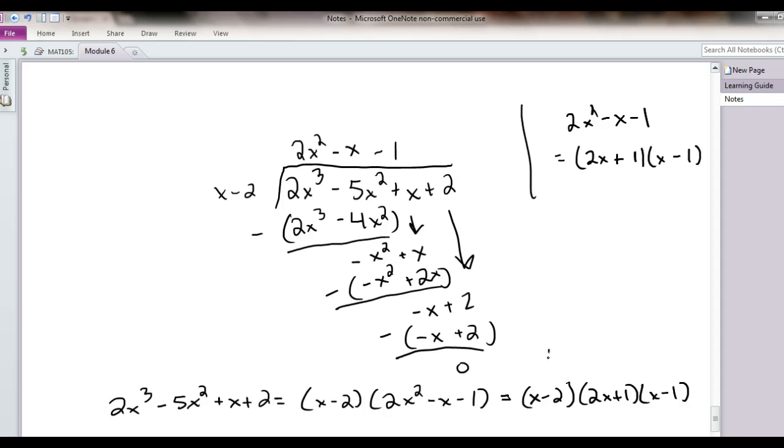What are the zeros of each one? That has the 0, 2. This one has the 0, negative 1/2. This one has the 0, positive 1. Notice if you plug in 2 for x, you get 0 here. Plug in minus 1/2, here you get 0. And plug in 1 there, you get 0. So that will be the solution set for our learning guide.